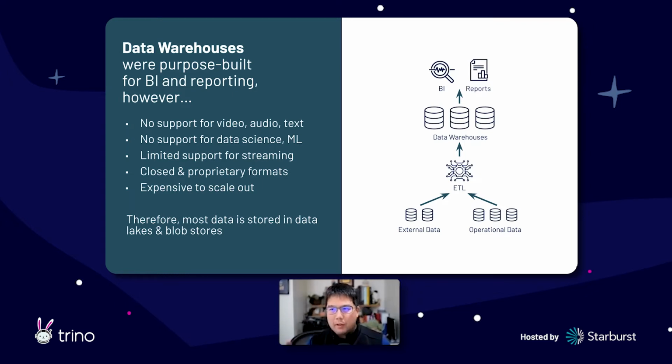Some different companies actually did try to provide streaming capability within warehouses, but it was very, very complicated. And the most important aspect, they were closed and proprietary formats. These systems themselves were not open. It was a closed silo, a closed house that ensured you would only utilize that particular data warehouse, and it was really expensive to scale out.